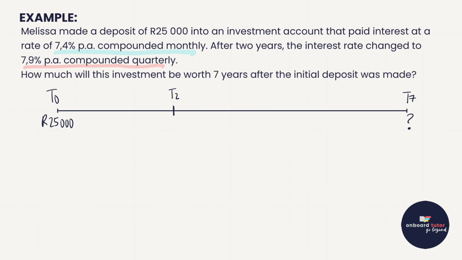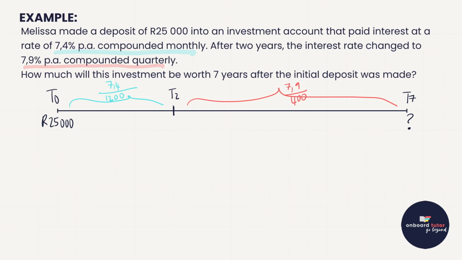So let's get that interest rate down. This part was 7.4% compounded monthly. So remember, I always say there are 12 months, and we're going to take the 100 there to the denominator so that we've got it in percentage. And then it's going to change for these last 5 years here. 7.9% compounded quarterly, so 4 and the 100 for the percent.